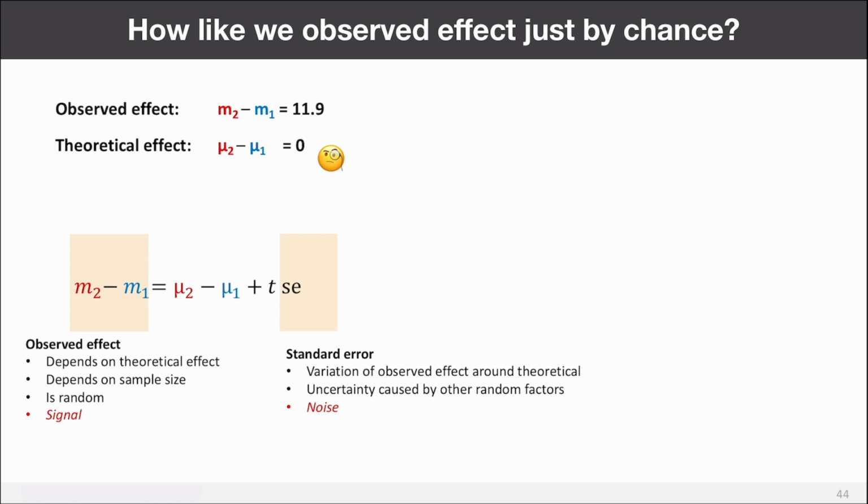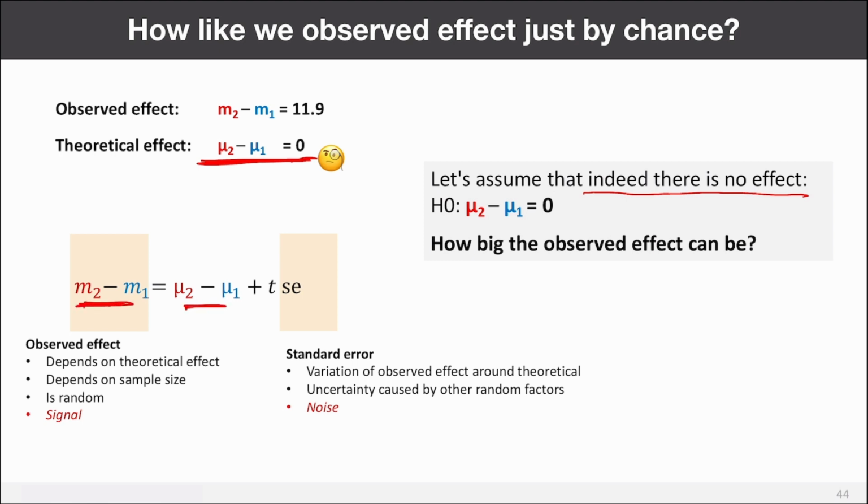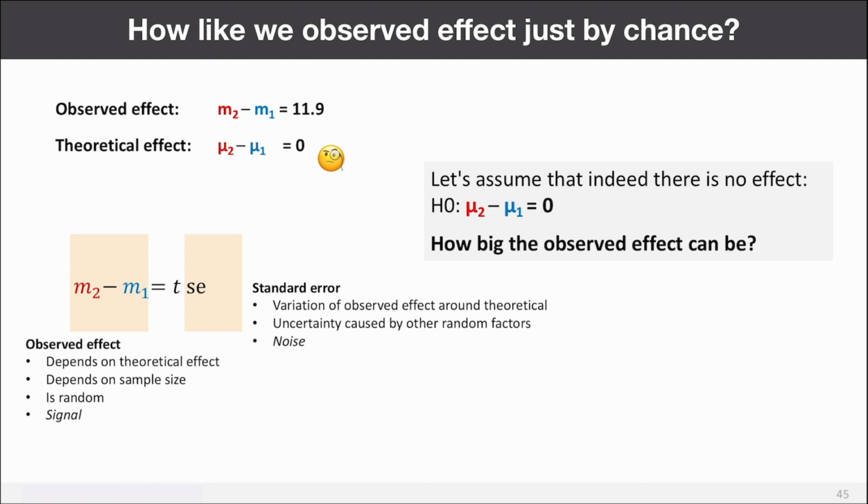That's exactly what we also did in one sample t-test, right? So our case is, let's assume that indeed there is no effect. So let's assume that our null hypothesis is true. So this is our null hypothesis. How big can the observed effect be? How big can this value be if this is 0? Okay. Well, we can think about this.